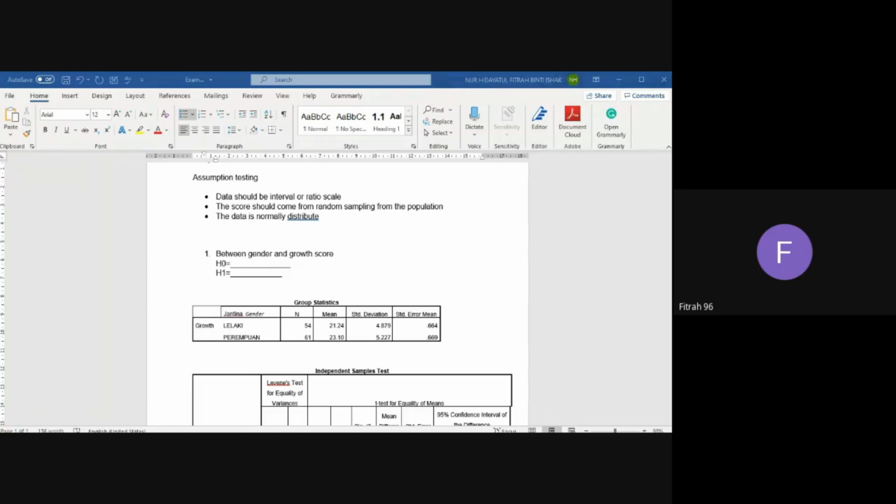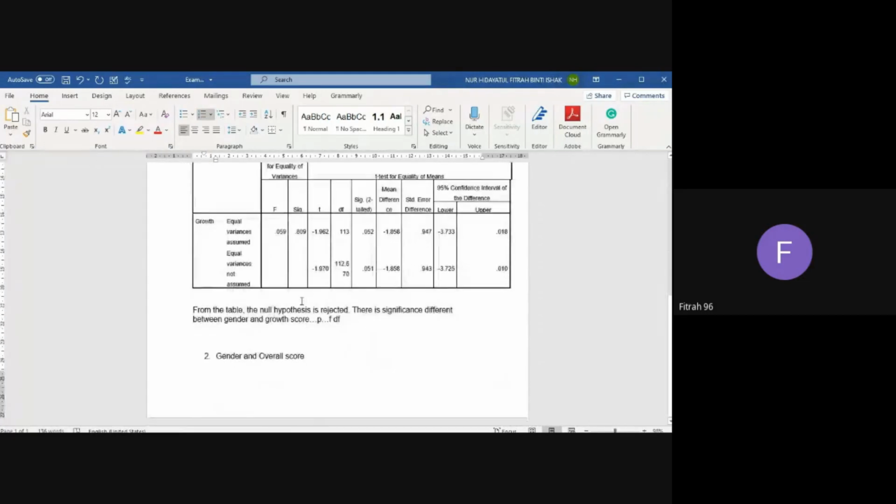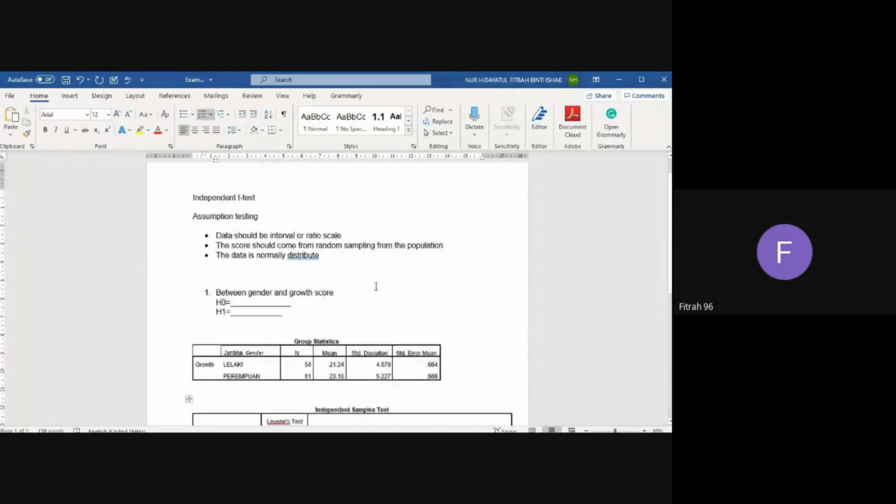So if I use Anova, independent test dengan Pearson correlation, so for first independent test, I will do the pair between gender and growth. Okay, for the first one. Okay, and then the second one, gender and overall score. Because growth ni, this is from my questionnaire yang mana I ada value growth struggle punya score.